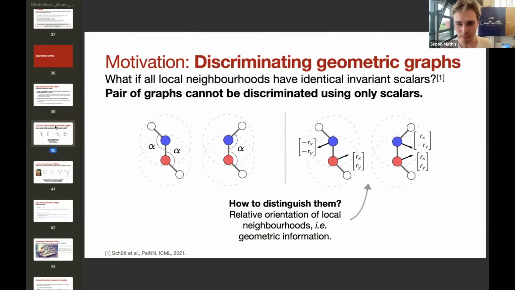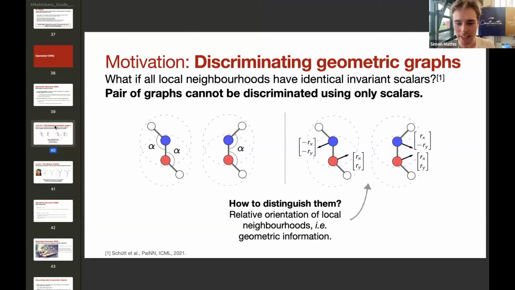If you think back and try to think as a GNN, you would only have access to your local neighborhood. So you'd sit at, for example, this blue node, and you could look at your neighbors, and maybe you measure the angles to them, maybe you measure the distances.